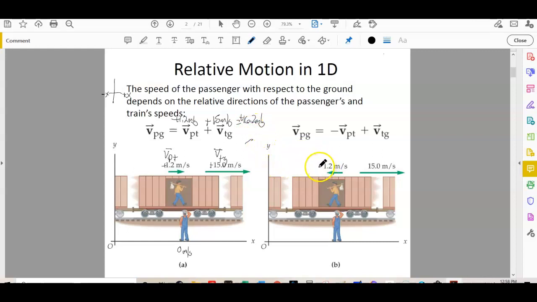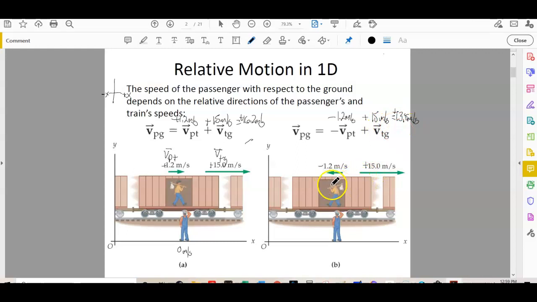If the person was walking to the left, they would have a negative velocity, because if your velocity vector is to the left, that is in the negative x direction. And if the train is moving to the right at 15 meters per second, the person on the ground is going to see this person on the train moving at a total of 13.8 meters per second in the positive direction.